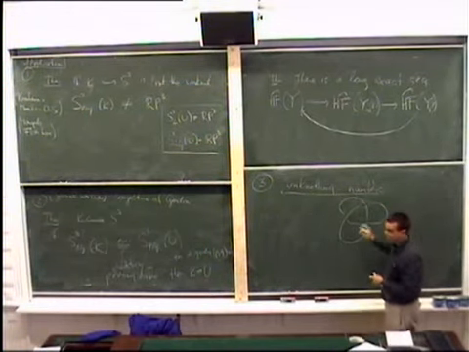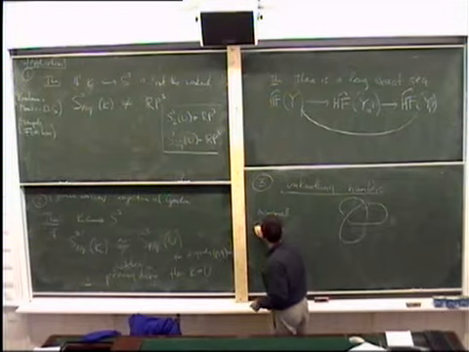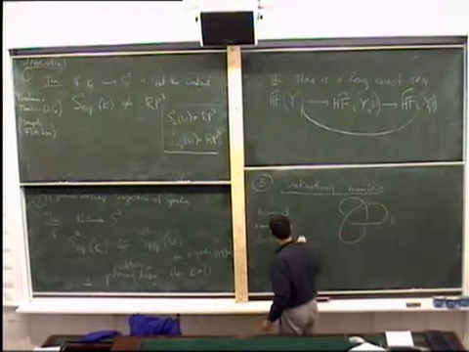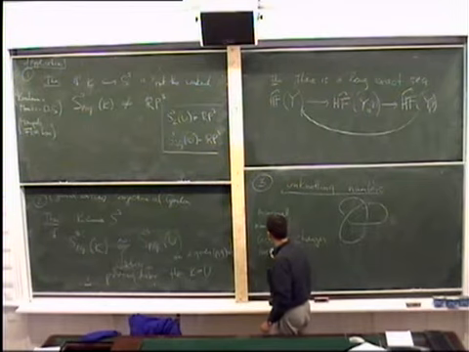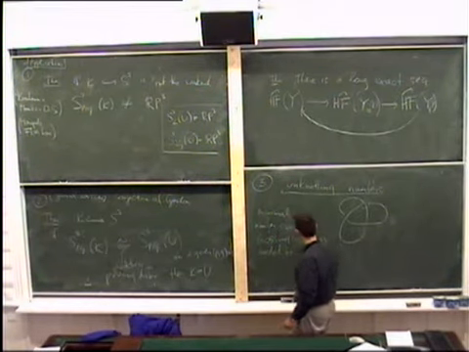And then you can immediately see that this is the unknot, right? So the unknotting number is the minimal number of crossing changes needed to unknot.